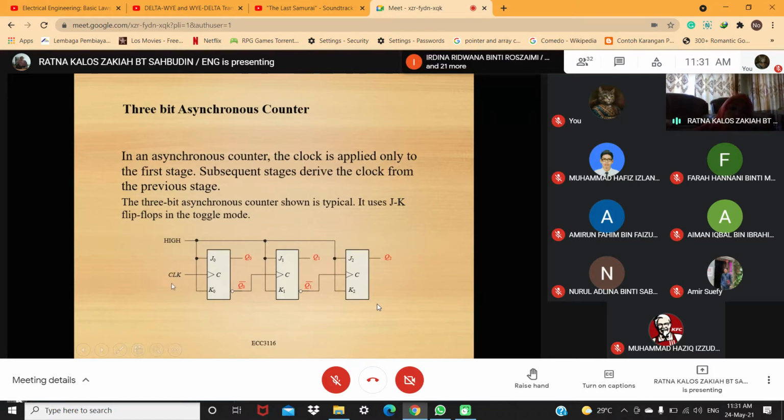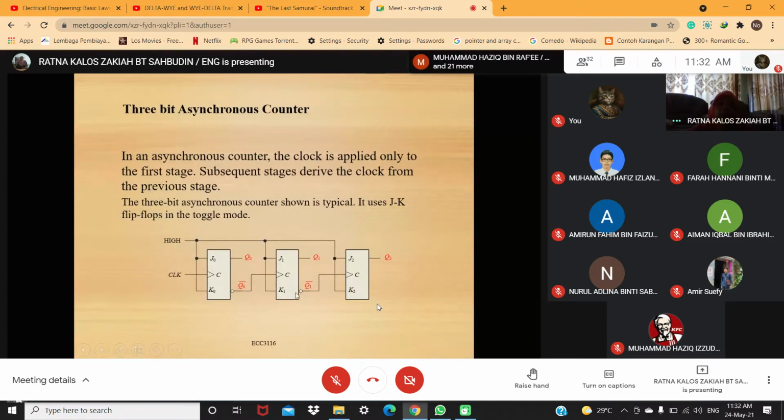The clock is only applied to the first stage, and subsequent stages derive the clock from the previous stage. Stage 2, the clock comes from stage 1 Q bar. Stage 3 here, the clock comes from Q bar of the previous stage.